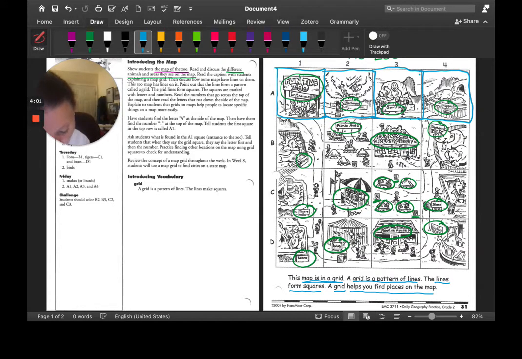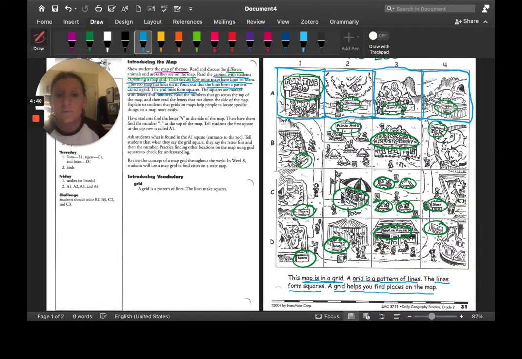All right, so we talked about the caption explaining the grid, and then we also talked about how some maps have lines on them as well. And we noticed that this zoo map has many lines on it that make up all the boxes. So these lines, again, are going to form a pattern that is going to create that grid for us. And with those lines, we end up getting squares from that.